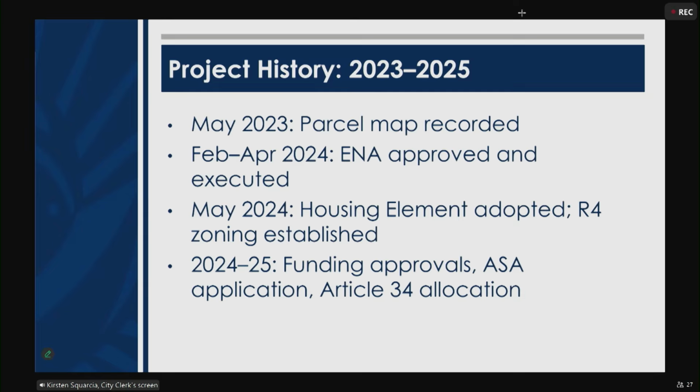And later that year and following into 2025, funding approvals were, as mentioned before, the $4 million of city funding allocated to the project, as well as the project applicant submitting for their architectural site approval consistent with the housing element process. Next slide, please.